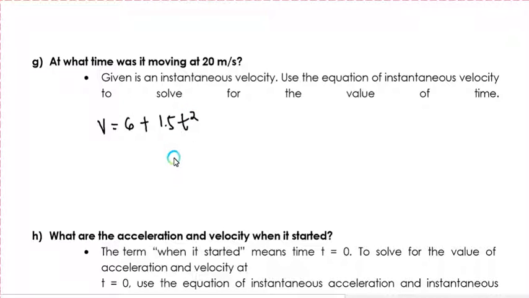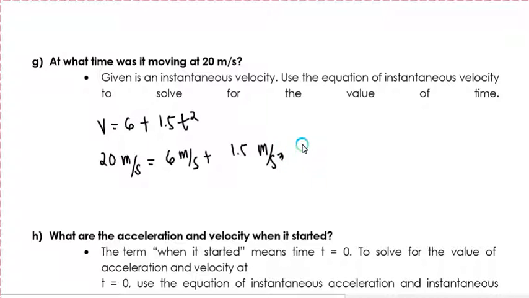To get the value of t, substitute the value of velocity which is 20 meter per second. The unit of 6 is meter per second, plus 1.5, this is acceleration, so we have meter per second cubed.